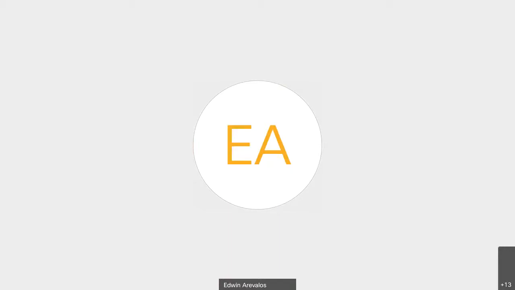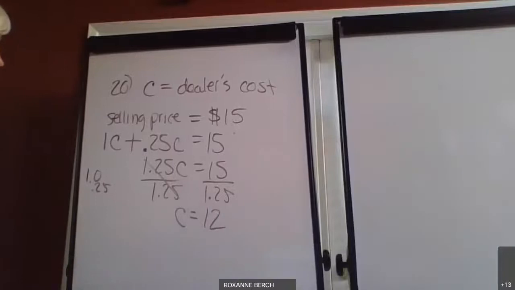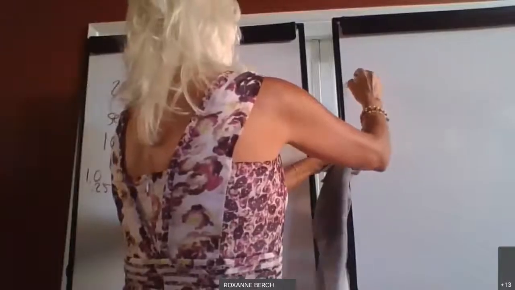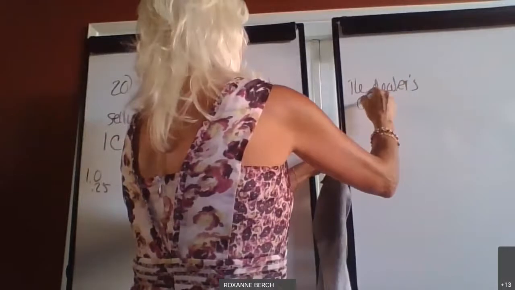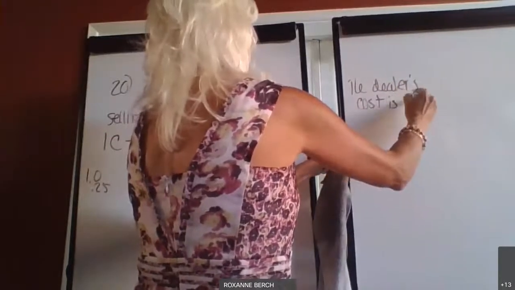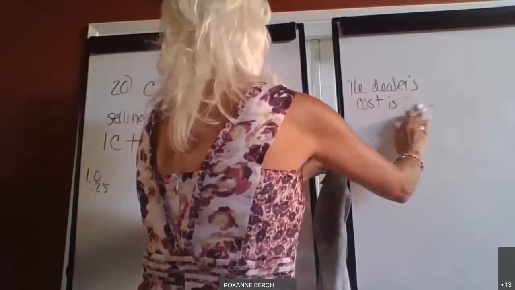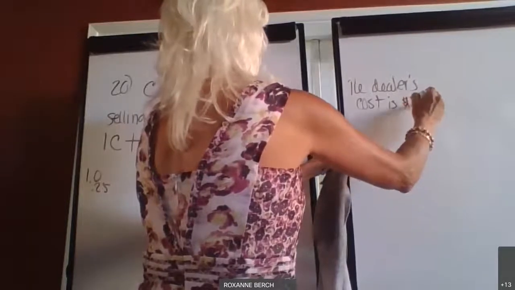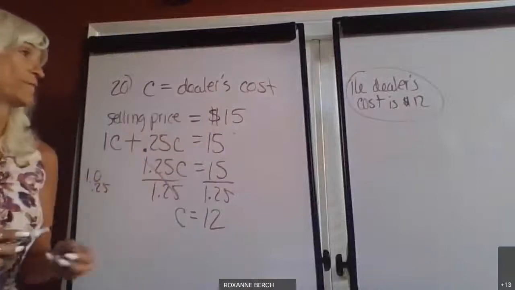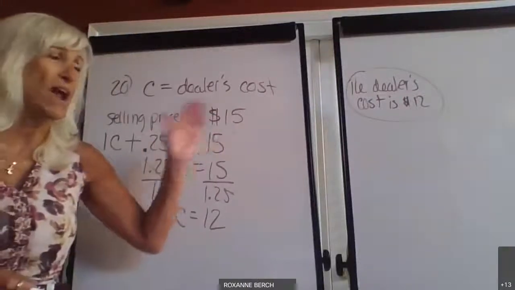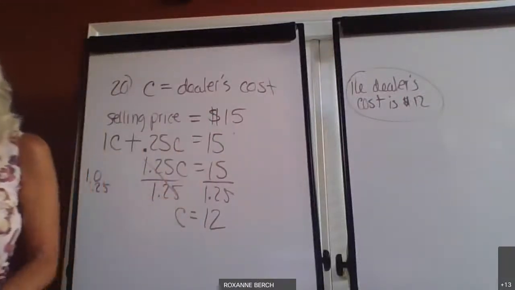Yeah. So that's it. We would just say the dealer's cost is $12. And he's selling it for $15. So he's making $3 on every calculator, the big jerk.